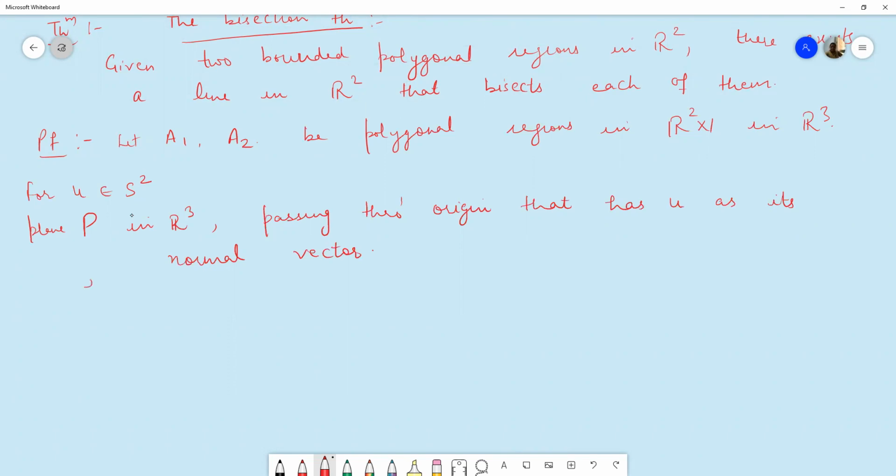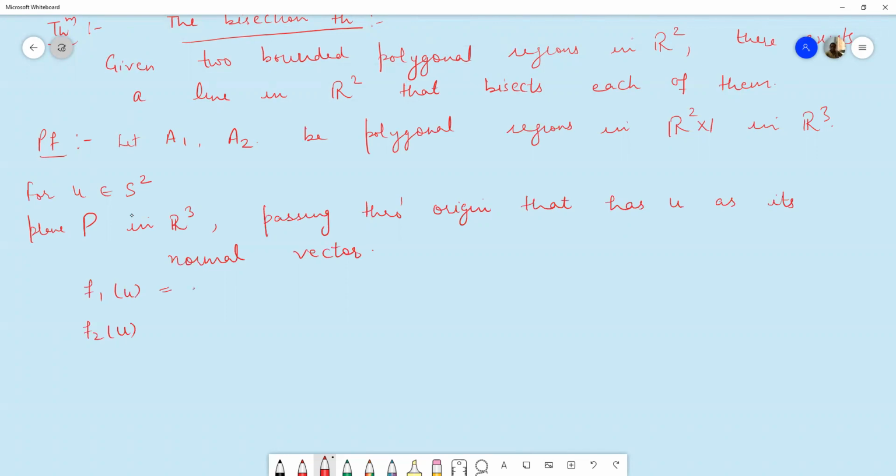And let us take F1(U) and F2(U). These are those portions of the polygonal regions A1 and A2 respectively that lie on the same side of P as does the vector U. Now because we are taking U in S2, the vector U lies on one side of the plane P. So we take the area of that portion of A1 which lies on that side of P where the vector U lies, that is F1(U), and similarly F2(U) is the area of the region A2.